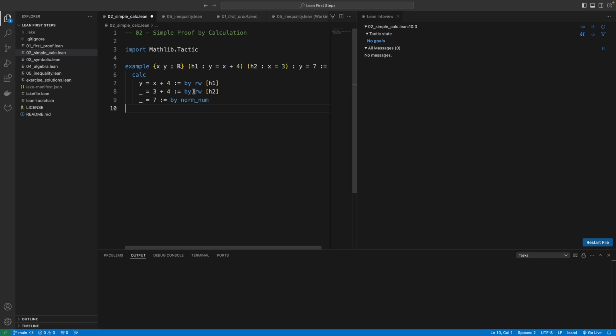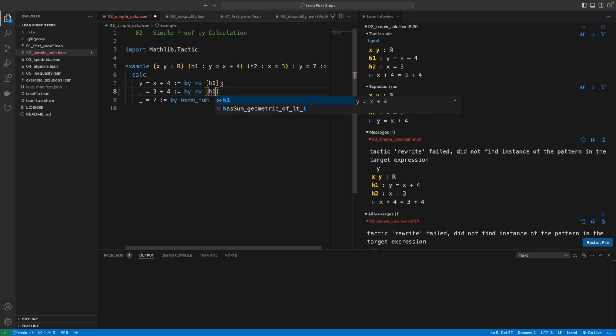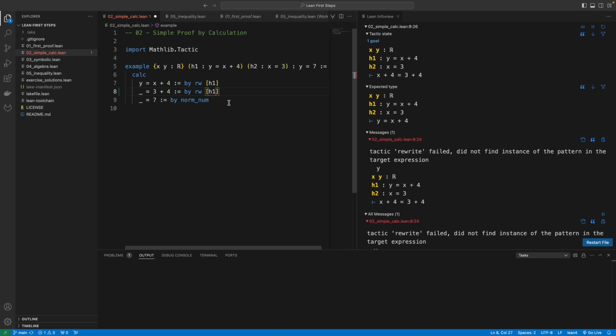If I test it again, if I say h1 instead of h2, it can't rewrite x plus 4 as x plus 3 using the wrong hypothesis. So I've deliberately introduced an error here, and you can see it says tactic rewrite failed. I didn't find the instance of the pattern.